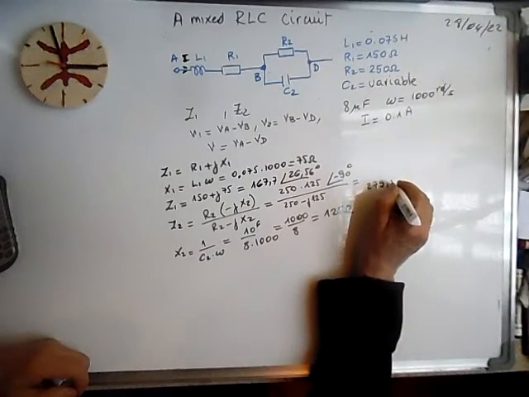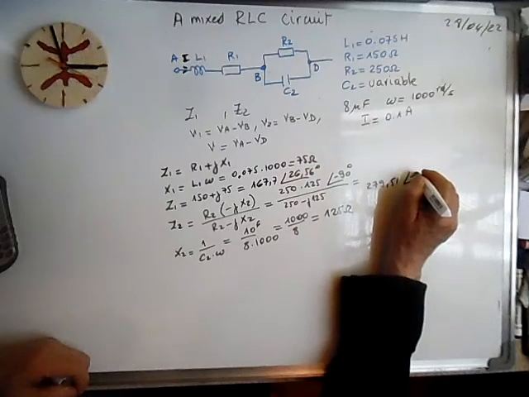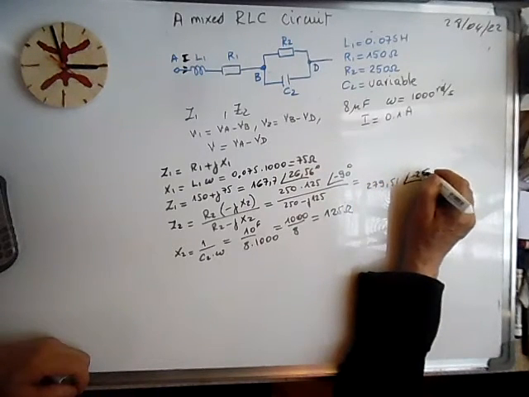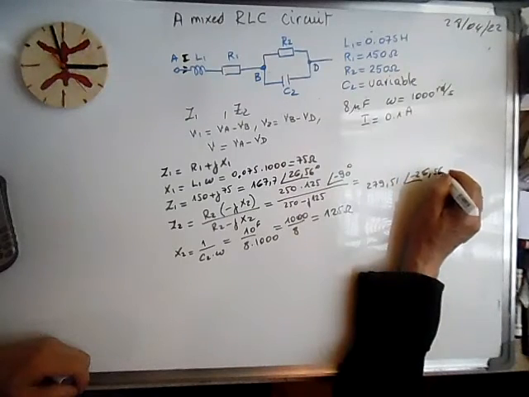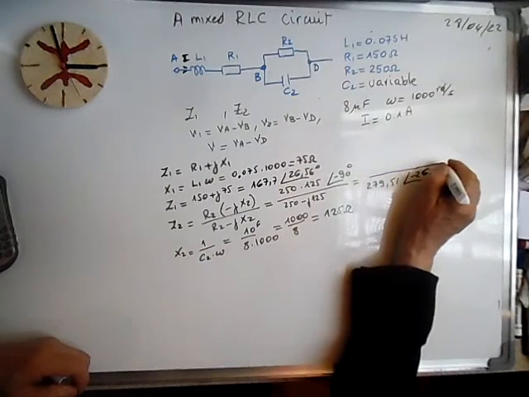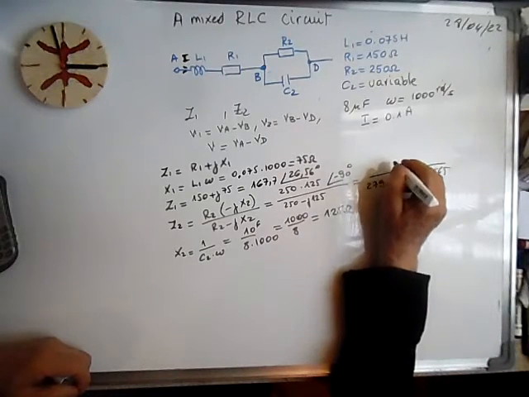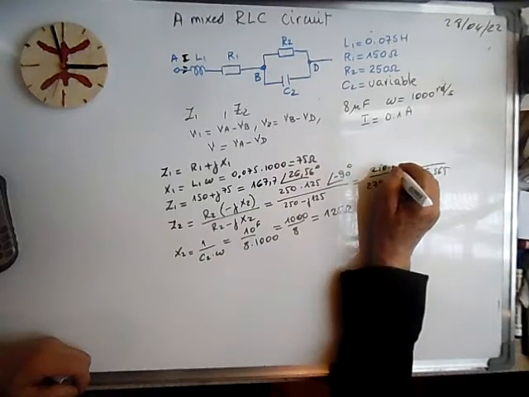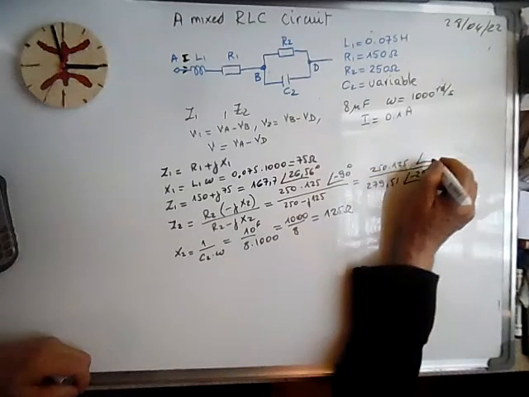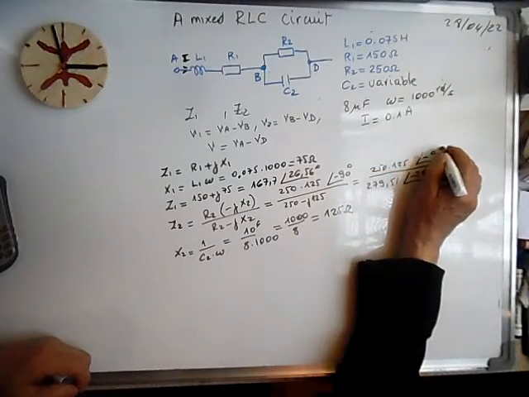The numerator is 250 times 125 with an argument of minus 90 degrees, and the denominator is 250 minus j125, which is 279 with an argument of minus 26.565 degrees.